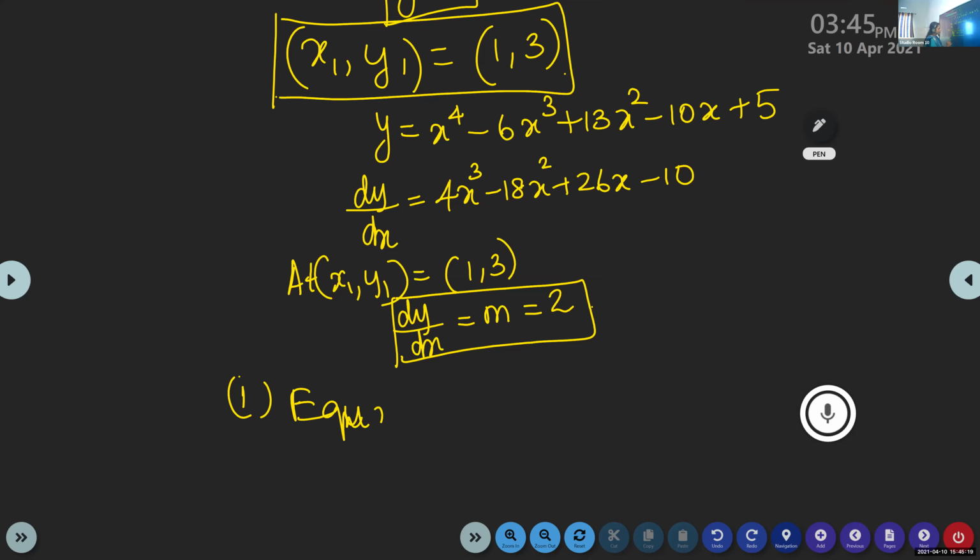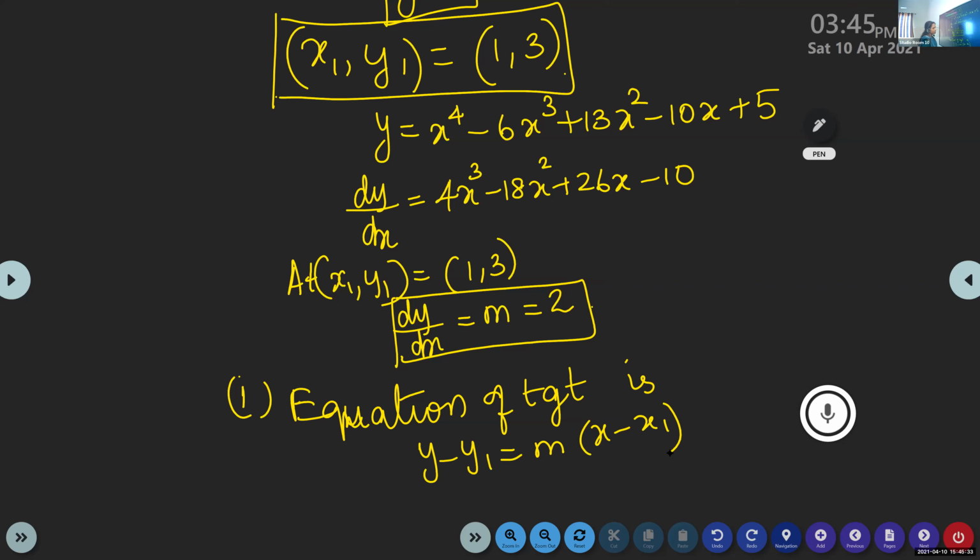So the equation of the tangent, what's the formula? The equation of the tangent is given by y minus y1 is equal to m into x minus x1. Y minus, what is y1?